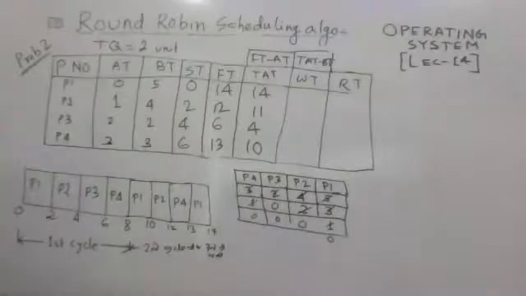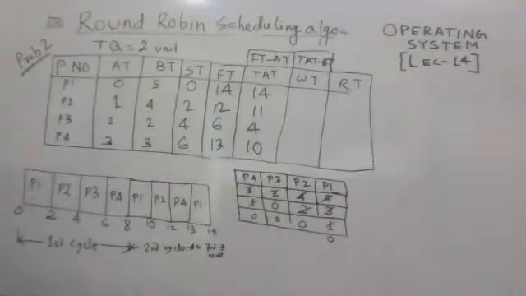So these are the turnaround times. And the average turnaround time will be 14 plus 11, that is 25. 25 plus 4, 29. 29 plus 10, 39. So 39 by 4. This is the average turnaround time.